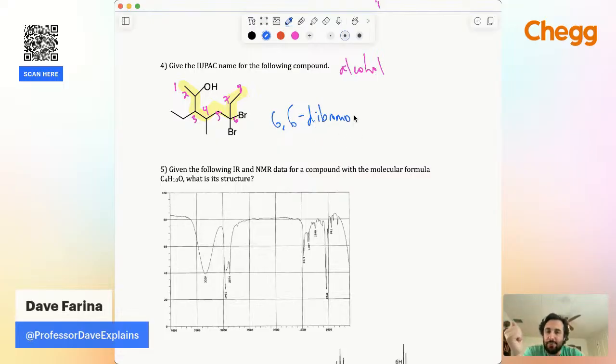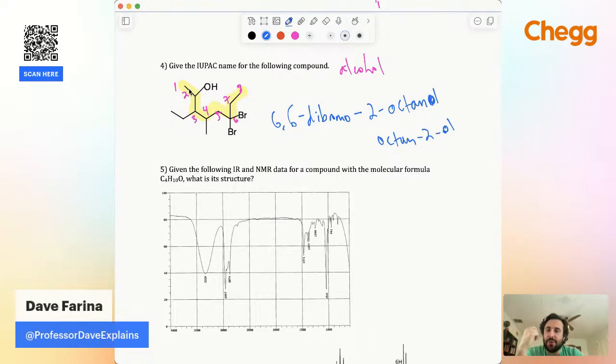So 6,6-dibromo-2-octanol. It can also be octan-2-ol. Equivalent, doesn't matter. I prefer 2-octanol, it looks cleaner to me, but the other is also equivalently valid.